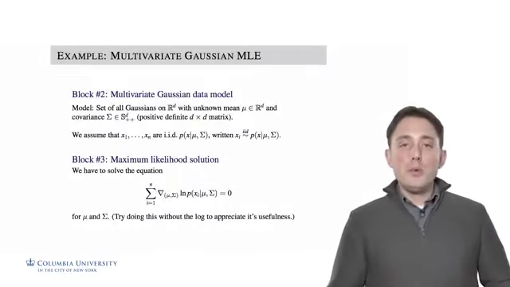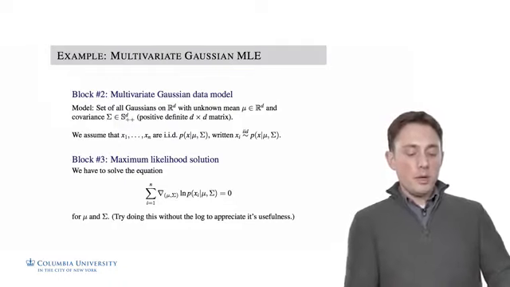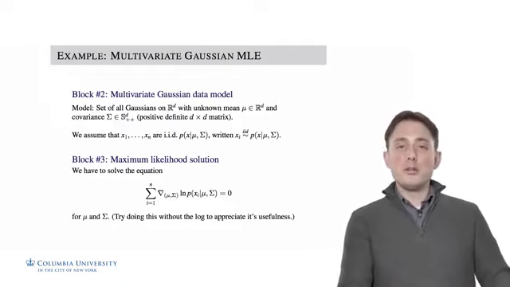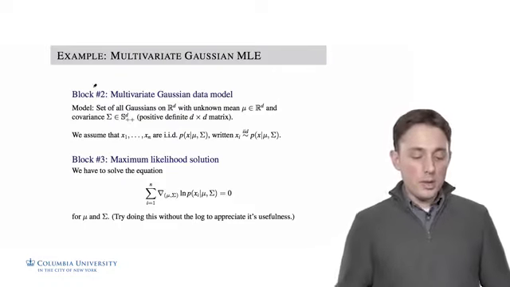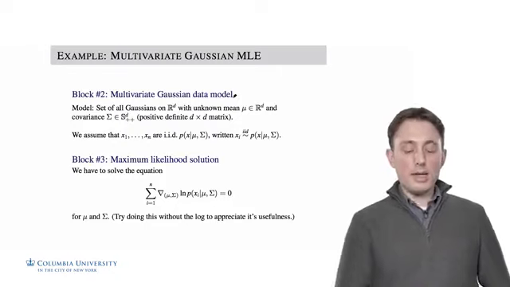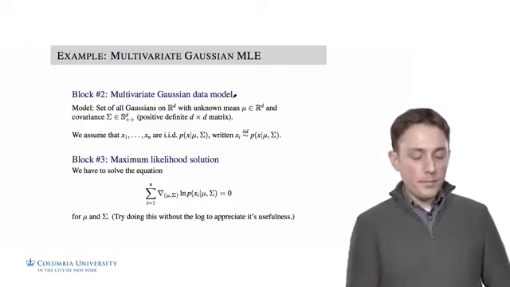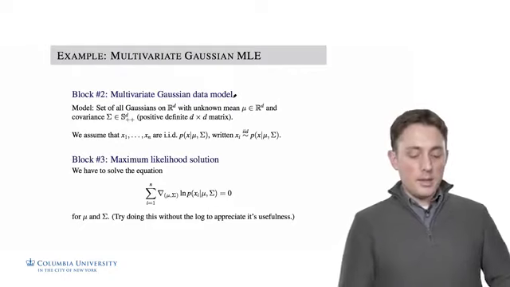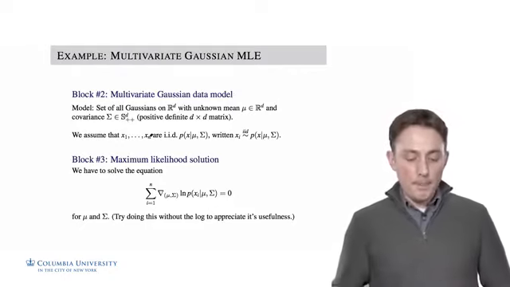So now returning to our multivariate Gaussian example, again using the flowchart and the block language that's going to be isolated to this particular lecture, we have in block 2 that we've defined a multivariate Gaussian model for our data. We've said that we have data points x1 through xn.